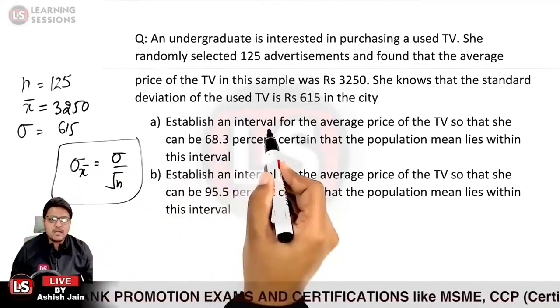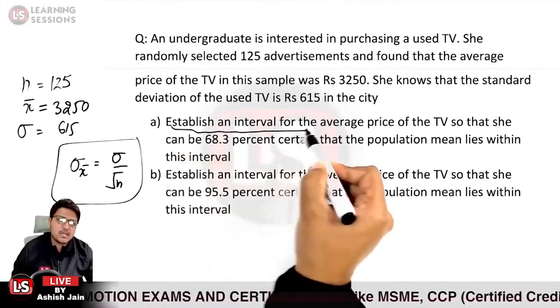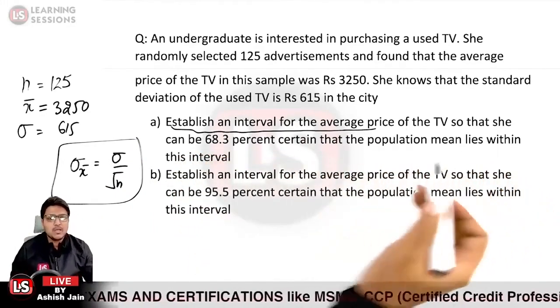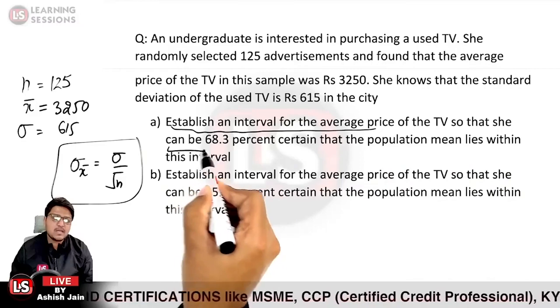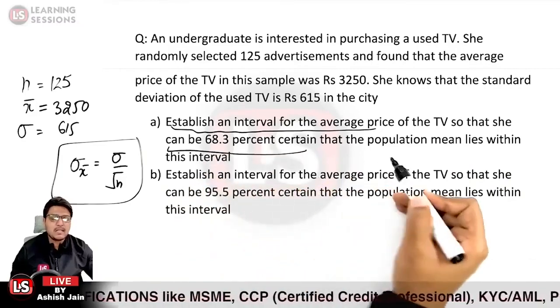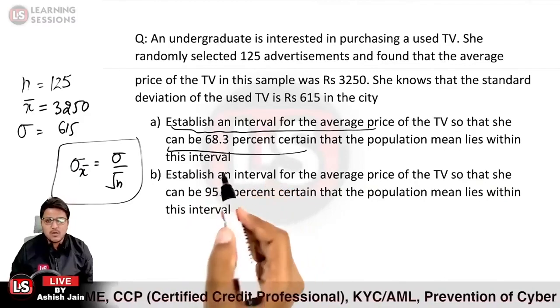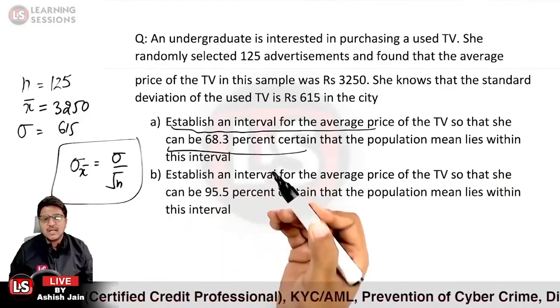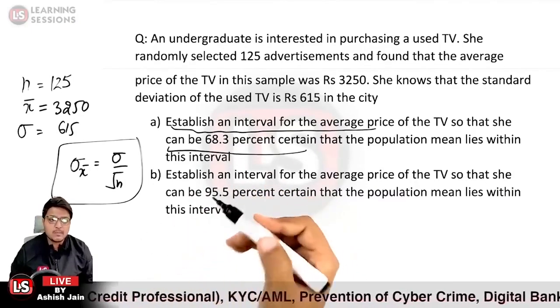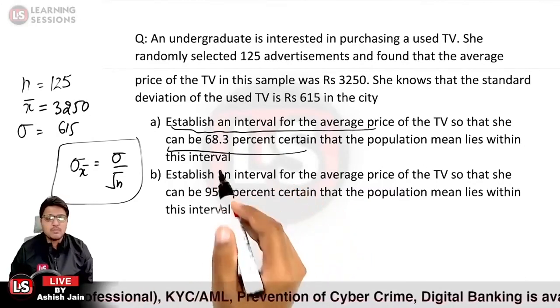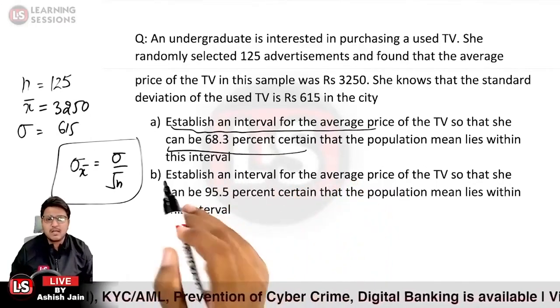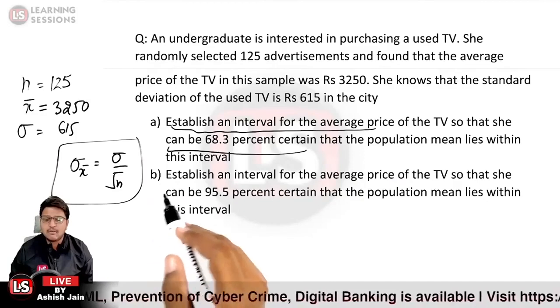And the question is related to establishing an interval of the average price of the TV so that she can be 68.3% certain that the population mean lies between this interval. So what is the criteria? She wants to be 68.3% certain that the population mean is lying between the estimated values. That is the interval that we need to calculate.